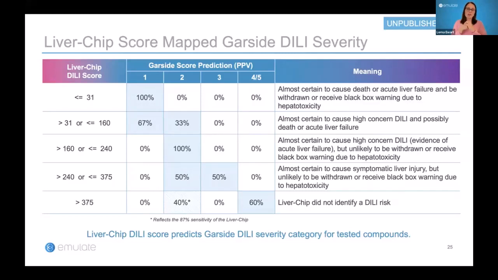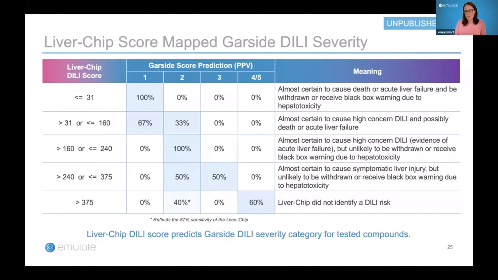And most of these drugs were withdrawn from the marketplace or received a black box warning. And so what we would be saying to users, if you have performed the liver chip and you see a liver chip DILI score of 31 or less, is that every time we saw a score of 31 or less, we map to a drug that was labelled a Garside 1.